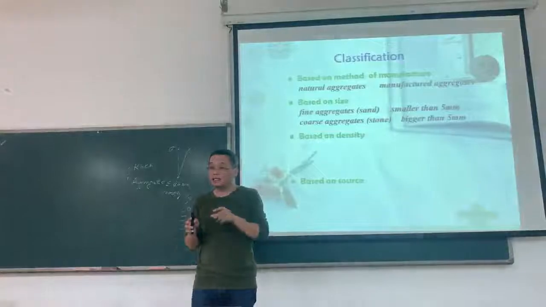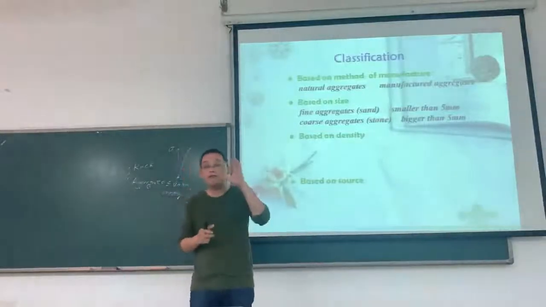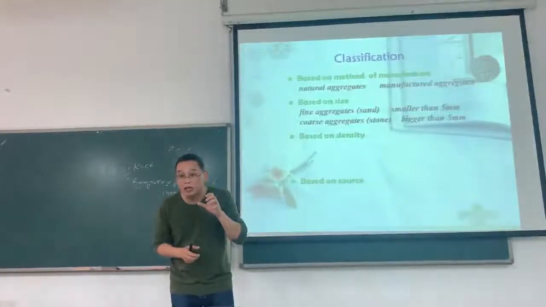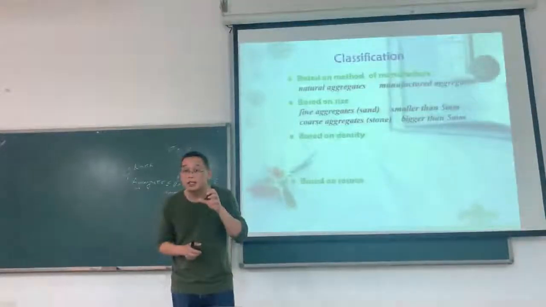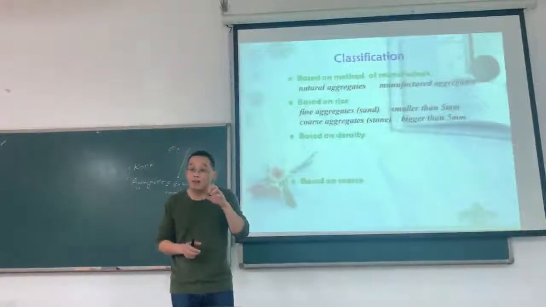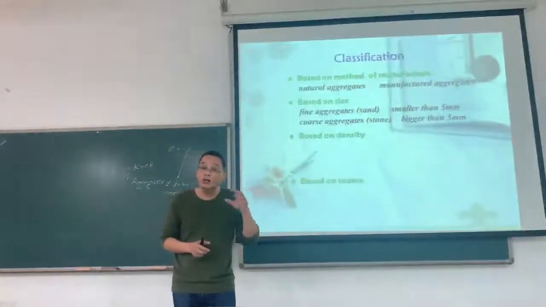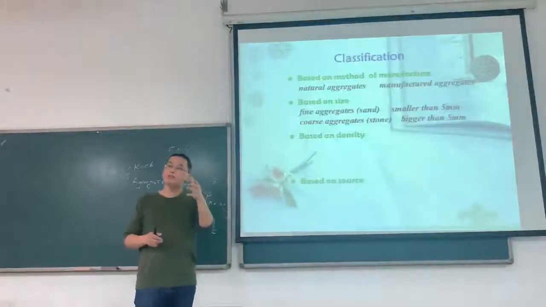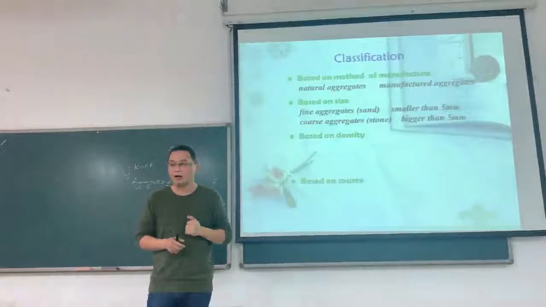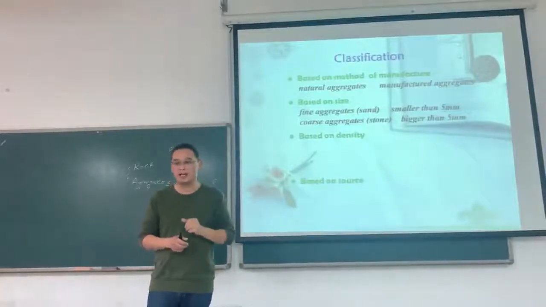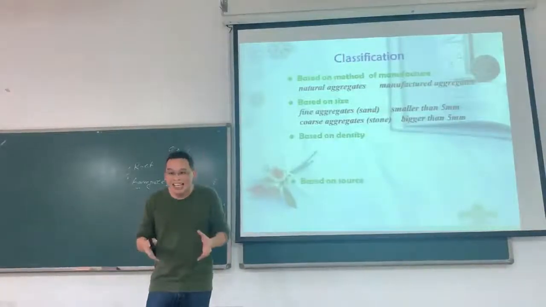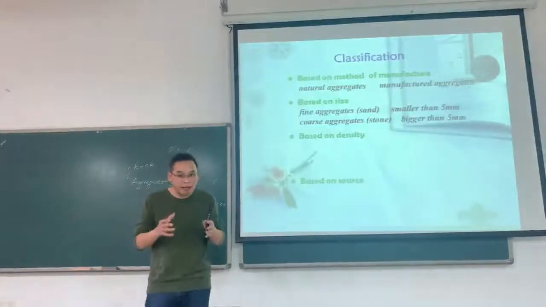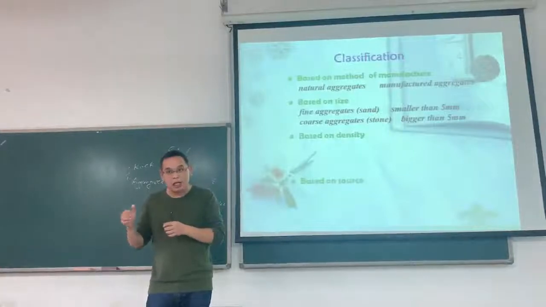If the size of the aggregate is bigger than 5 micrometer, it belongs to the coarse aggregate. But if it's below 5 micrometer, it belongs to the fine aggregate. So what are coarse aggregate and fine aggregate? The size bigger, it is coarse aggregate.